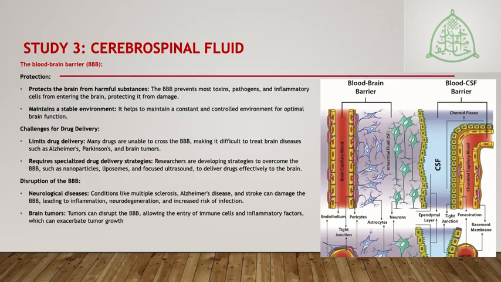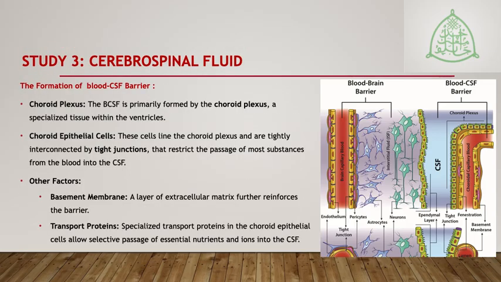And also, disruption of this blood-brain barrier could lead to several neurological diseases, because you cannot control what enters, as well as brain tumors. So the formation of the blood cerebrospinal fluid barrier, you remember when we talked about the choroid plexus. The junction between the choroid plexus and the ventricles is what we refer to as the blood cerebrospinal fluid barrier. This is because you also need to selectively allow certain things from the blood vessels or the capillaries to come into the ventricles.